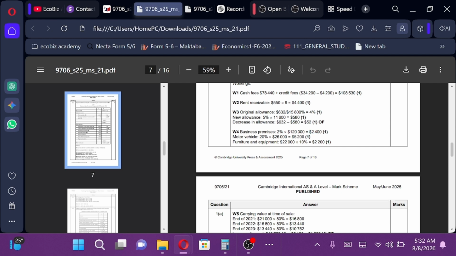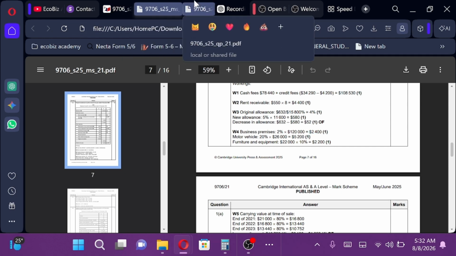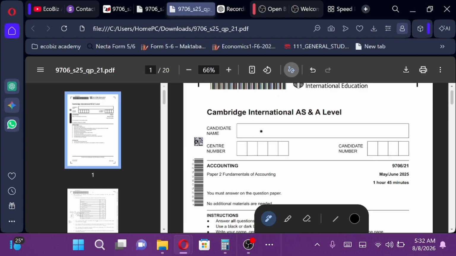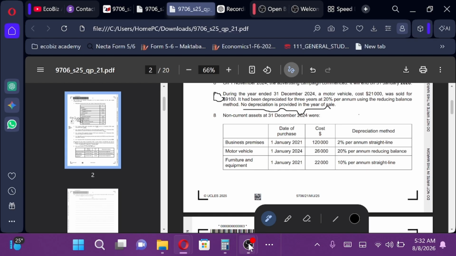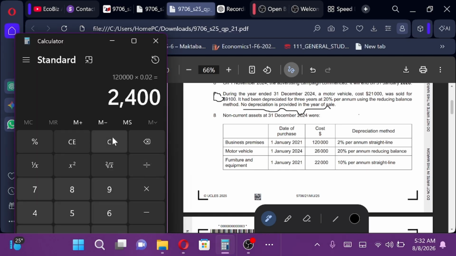And then after that, let's go back to the question paper. For motor vehicle, here we have 26,000. We'll multiply it by 20%. By 20%, we get 5,200.